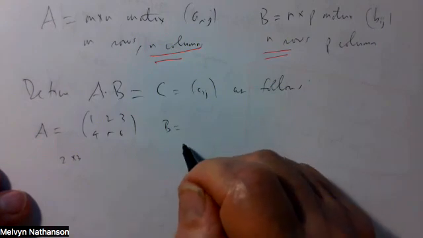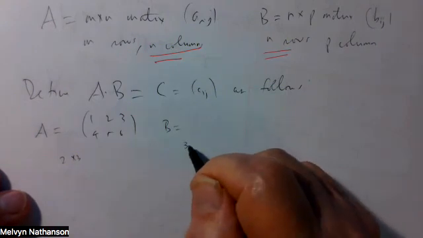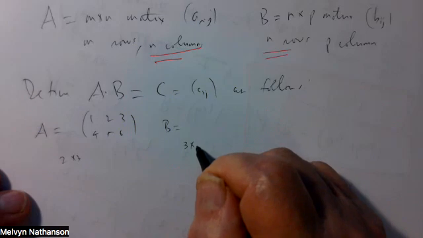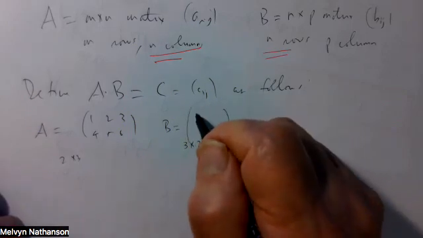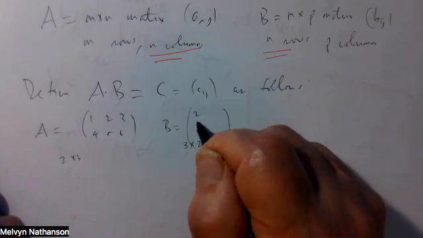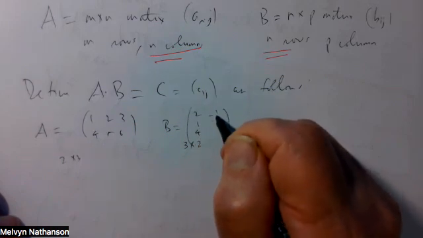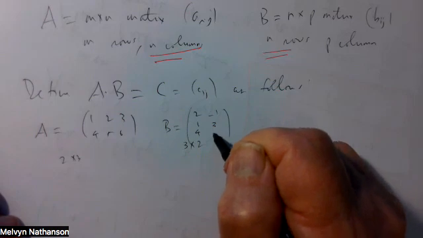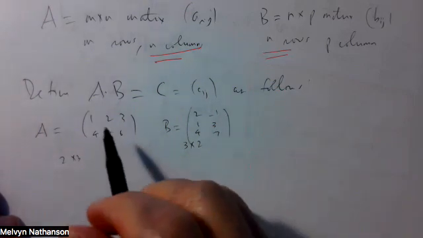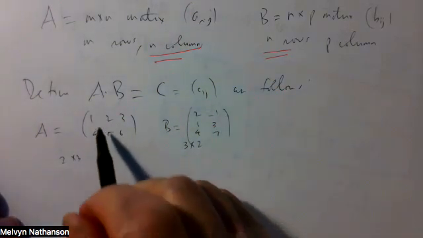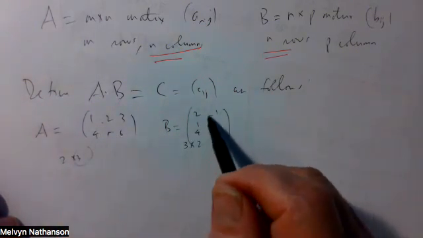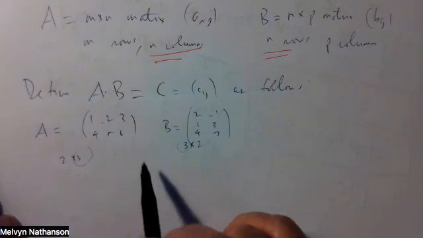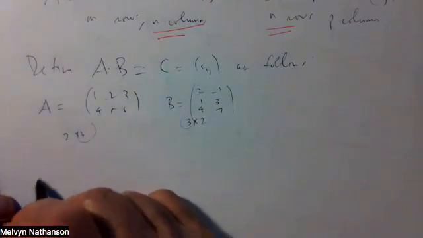And maybe B is 3 by 2: 2, 1, 4, minus 1, 3, 7. So here, the number of columns is 3. Here, the number of rows is 3. So there's a way to multiply these matrices.